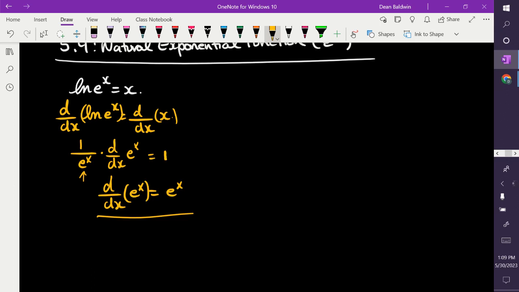It is itself. Algebra makes sense, granted it's a little strange, but it is.